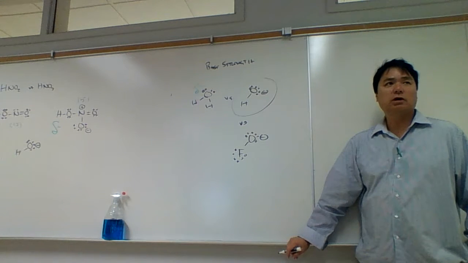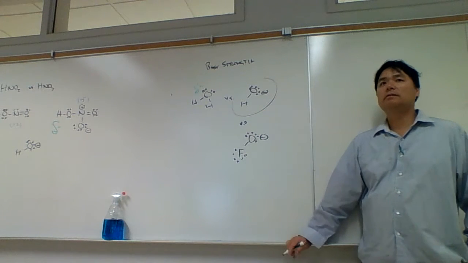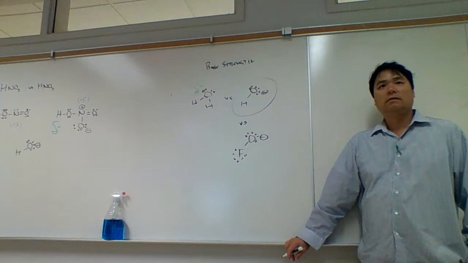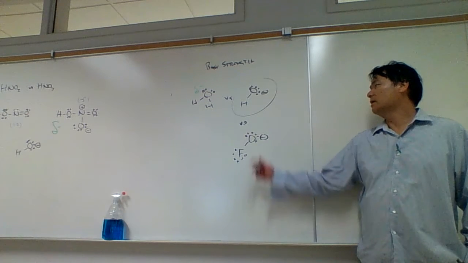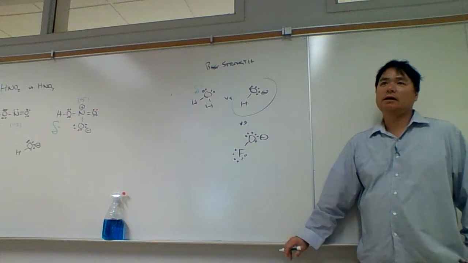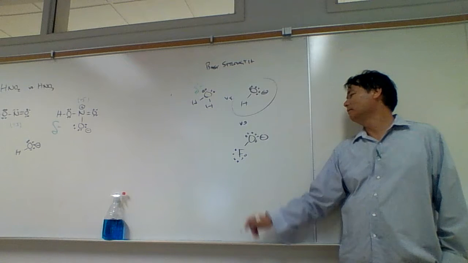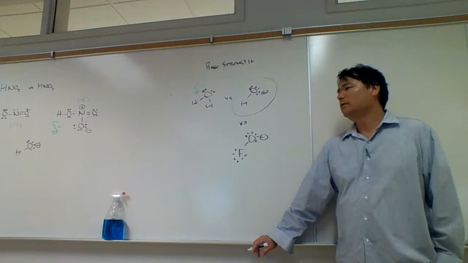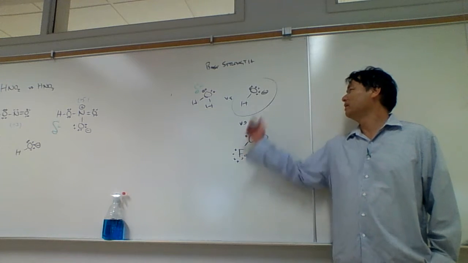It's from the formal charge. But which of these two would you expect to be stronger? You'd expect hydroxide to be stronger. Why? Well, both of these are very polar because they have a full negative charge there.